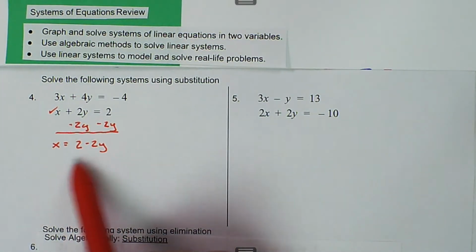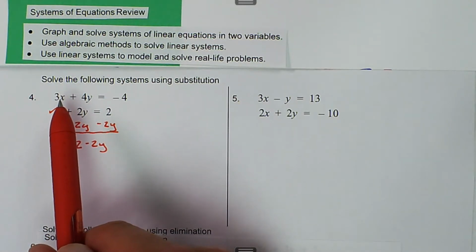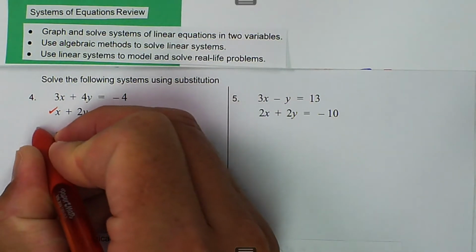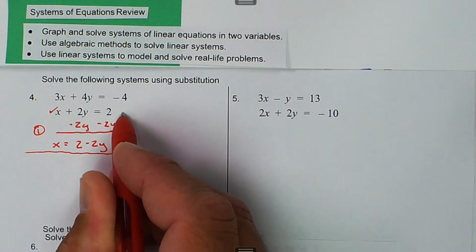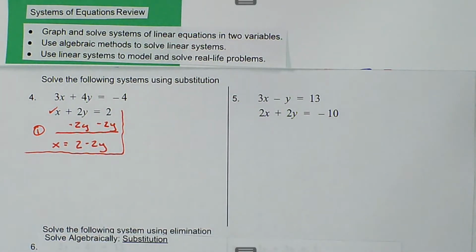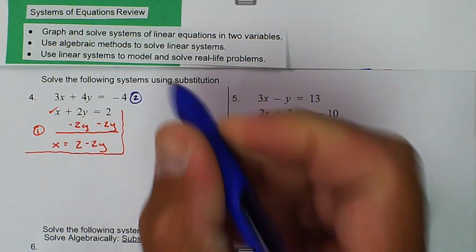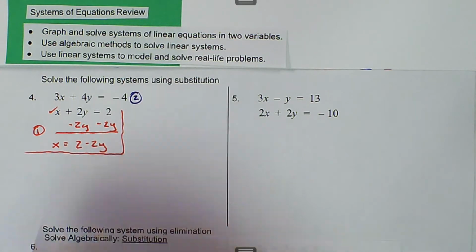Now I want to take what I rewrote and put it into this top equation here. So this is step 1. Now over here, I want to do step 2. So the x is equal to 2 minus 2y.